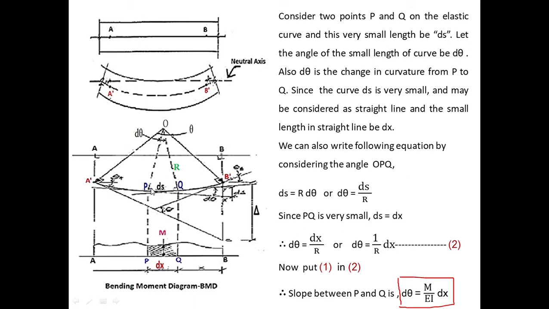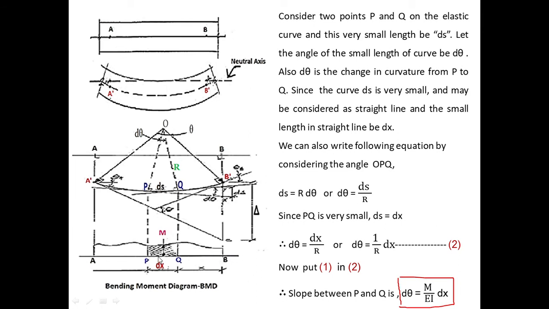So if you find the area of this particular area, that is between P and Q, this is equal to the change in slope between P and Q. That is, if you want to find the change in slope between P and Q, you have to find the area between P and Q in the M by EI diagram, that is in the curvature diagram.